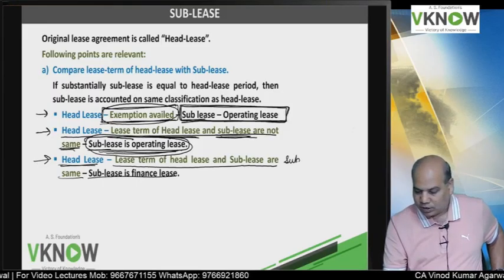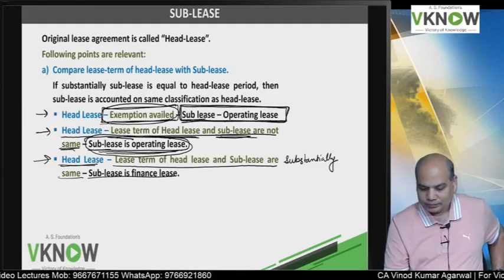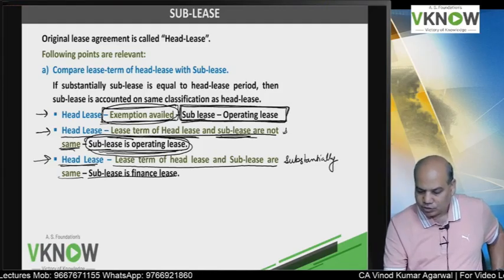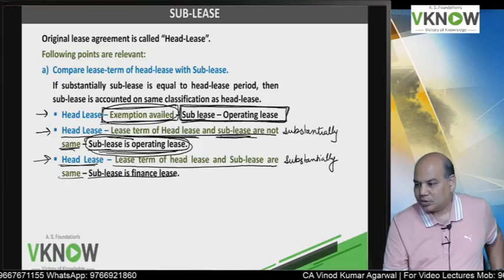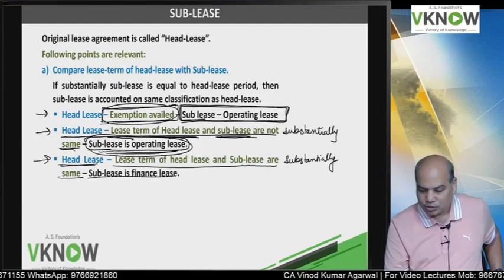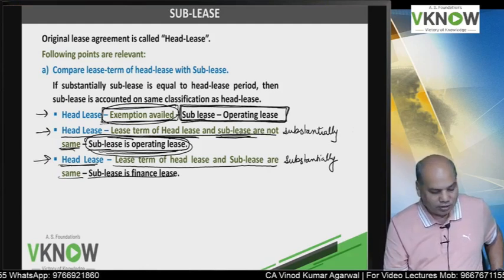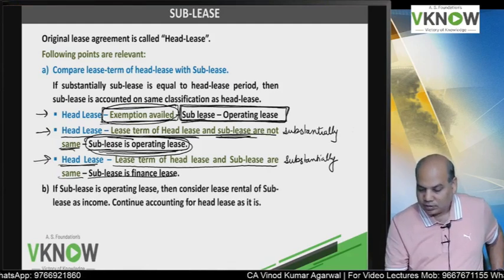You use the word substantially here, and here also you use the word substantially. Not substantially the same in the previous note and substantially the same in this note, then it is a finance lease.